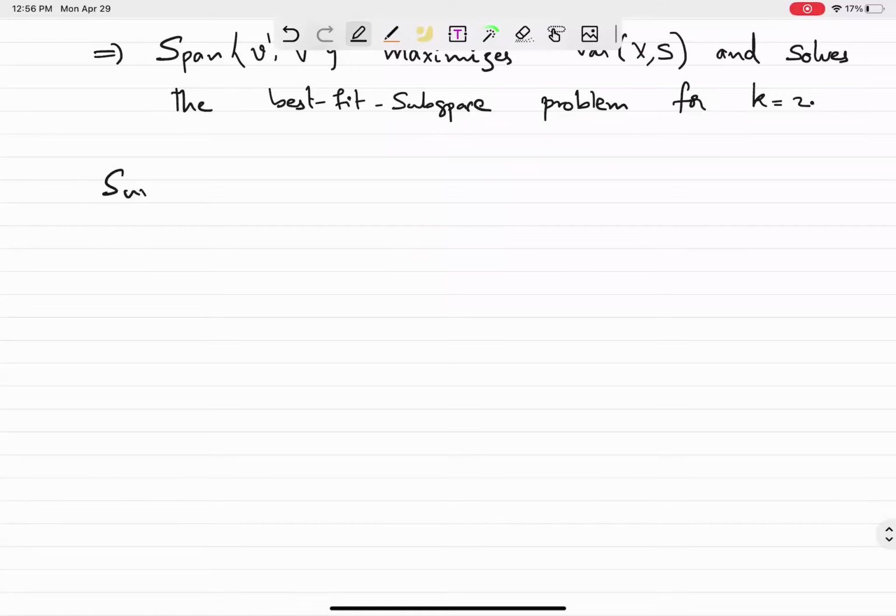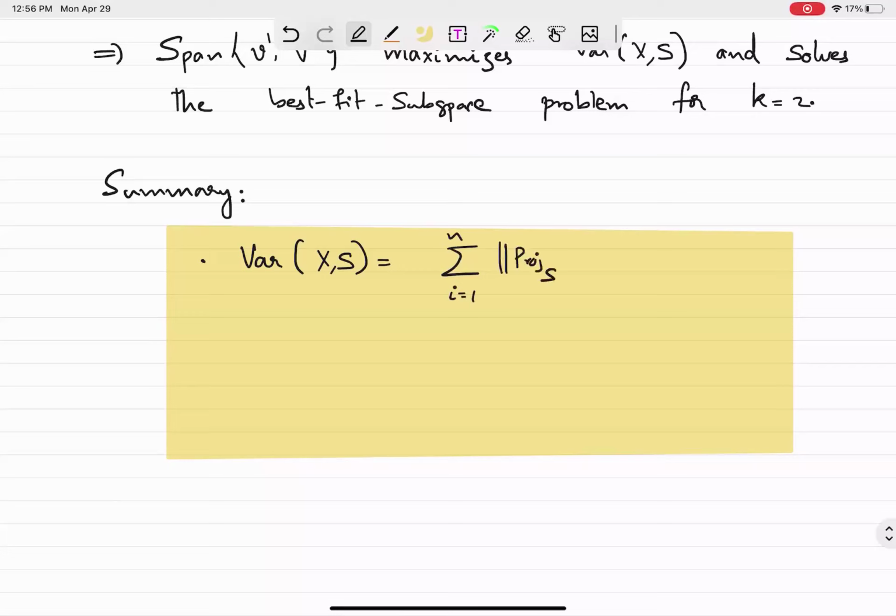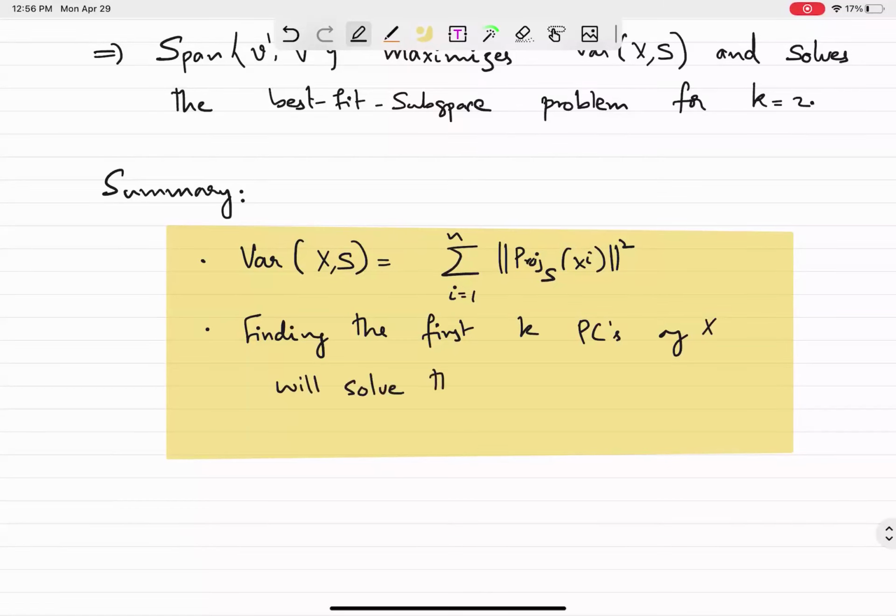Summary: we defined the problem of best fit subspace, and then we said finding the first k principal components of X will solve the best fit subspace problem.